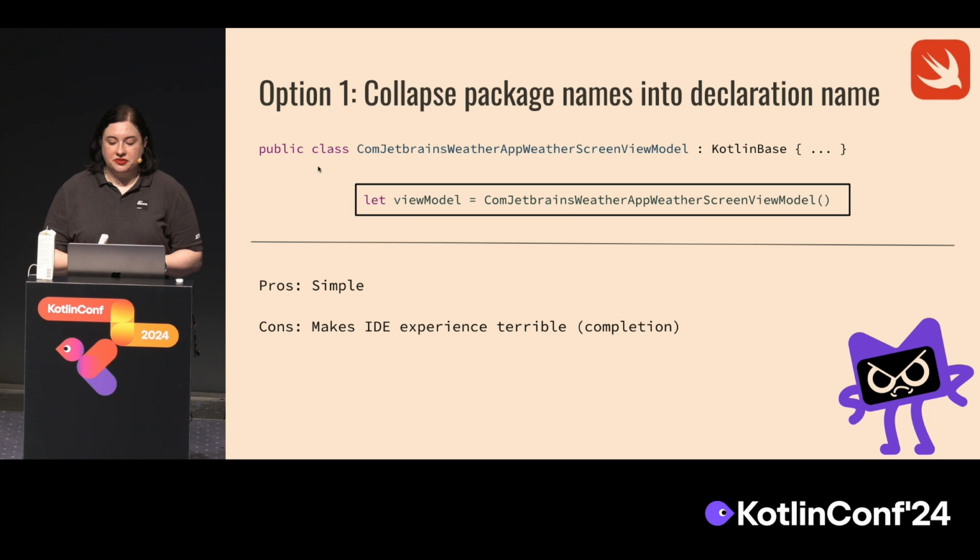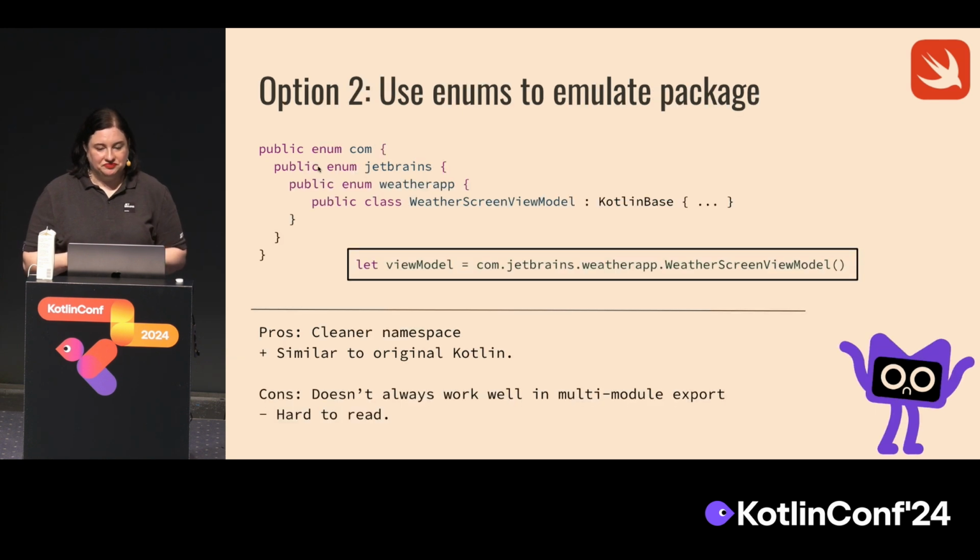So it's obviously a very simple solution for us to implement, but it's not so nice for you. It makes for a terrible developer experience, and that's not what we're about. The code is cluttered, and the code completion takes a very long time, much longer than it should. So that's not ideal, so let's move on to the next option.